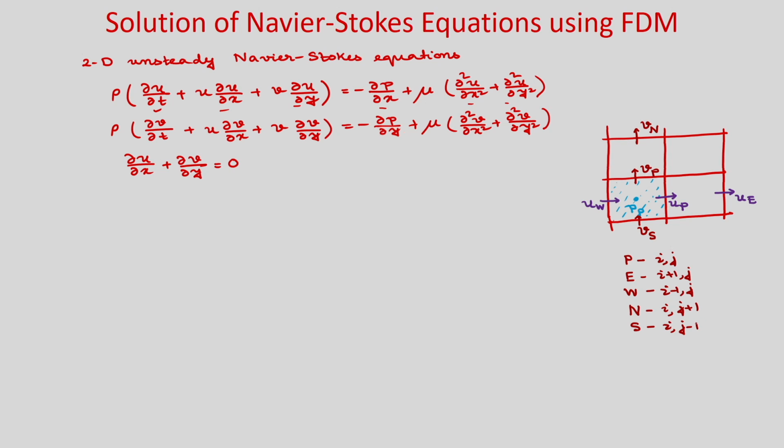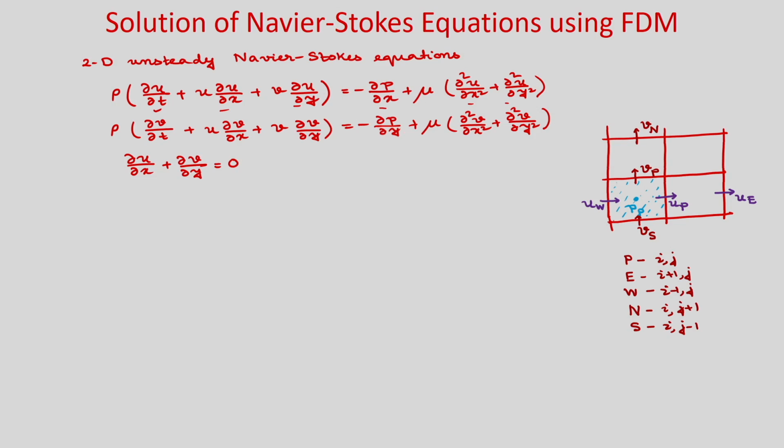So, for each variable, for pressure P, velocity u and velocity v, we use these indices: i j for P, i plus 1 j for E, i minus 1 j for W, i j plus 1 for N, and i j minus 1 for S.